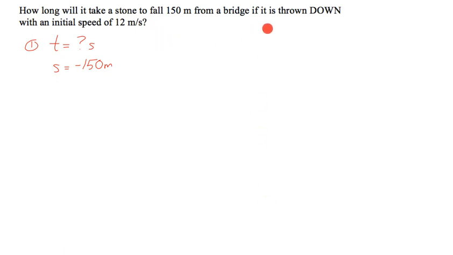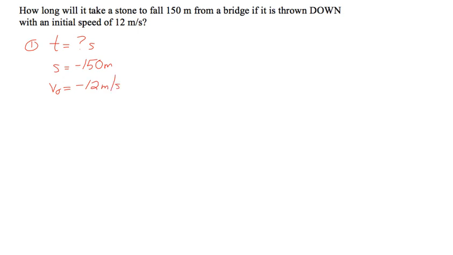I'm literally accelerating it in my hand so that it leaves my hand with a speed of 12 meters per second. So what should I write that as a fact? What is it? Original velocity is what? Negative 12 meters per second.